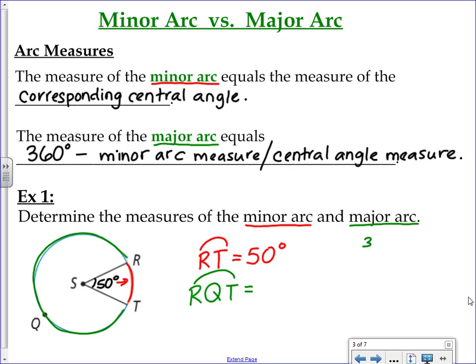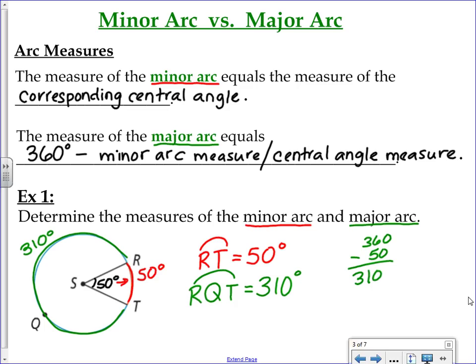So 360 degrees minus 50 is 310. So 310 degrees is the measure of the major arc. If you want to label it, you can just write it on the outside. 310 for the major, 50 degrees for the minor.